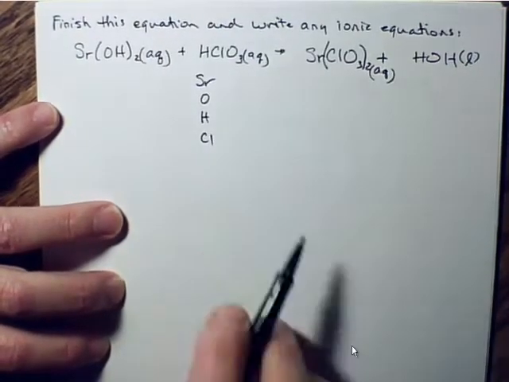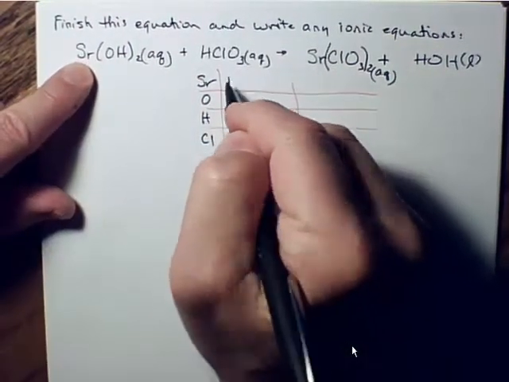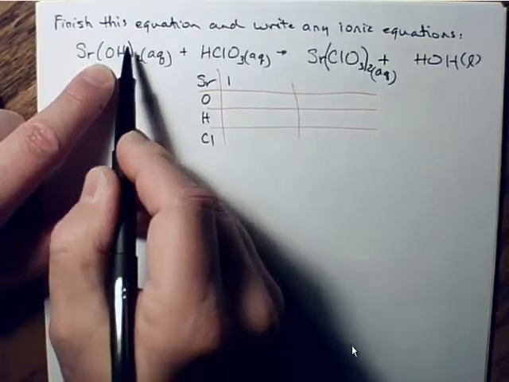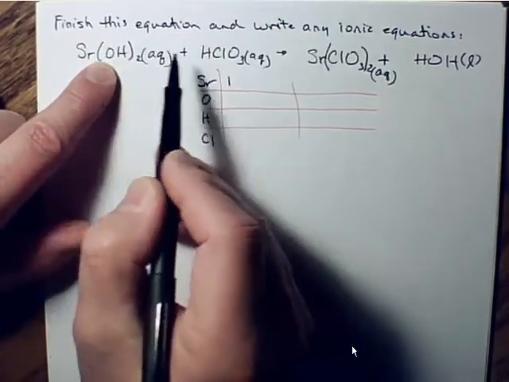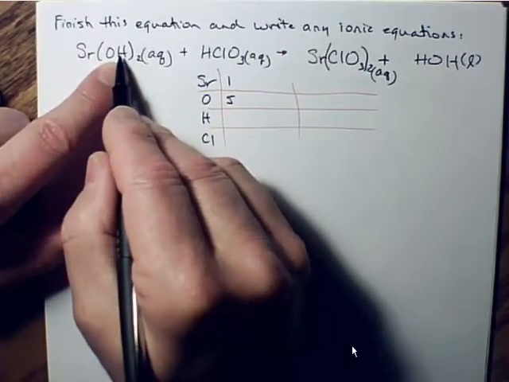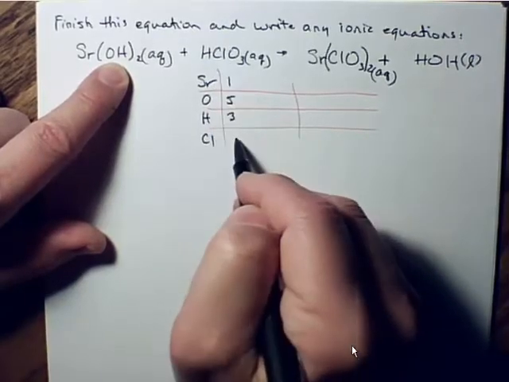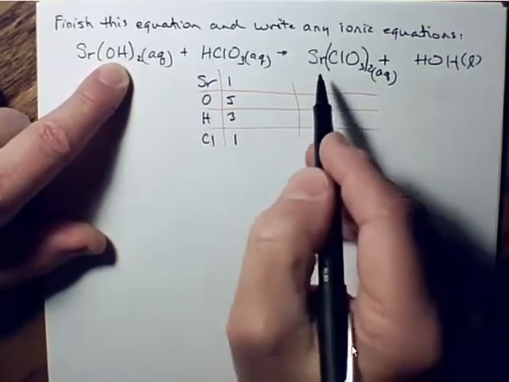SrOHCl. And so we've got 1 strontium. I have 2 times 1 oxygens here, plus this 3, that's 5 oxygens. I have 2 hydrogens here, 2 times 1 is 2, plus this one I have 3 hydrogens. I have 1 chlorine over here.